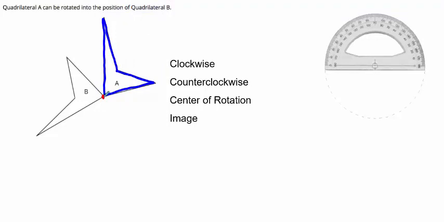It's rotating around this point right here. And that point has a specific name. It's called the center of rotation. So that point, that red dot, is the center of rotation. That's the point that it's rotating around.